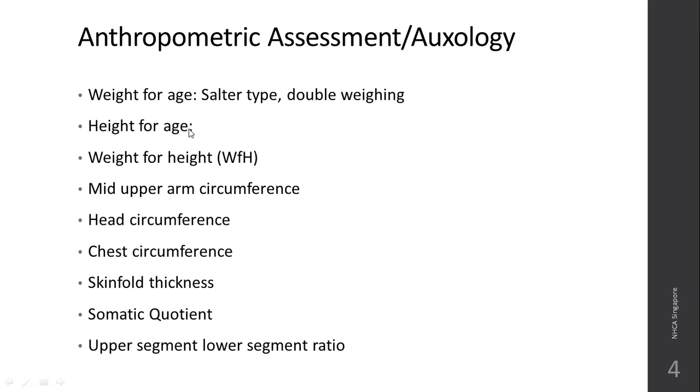Then lower segment ratio. The length of the upper segment is measured from vertex to the pubic symphysis. The ratio should be 1:1 by 9 to 10 years of age.